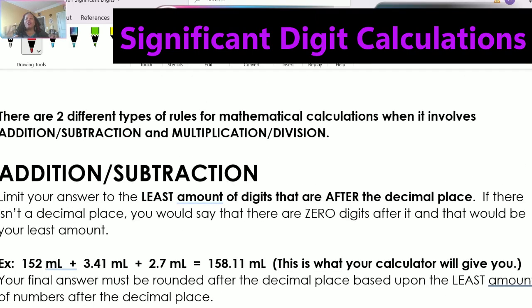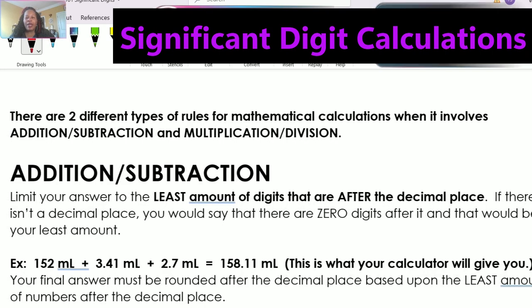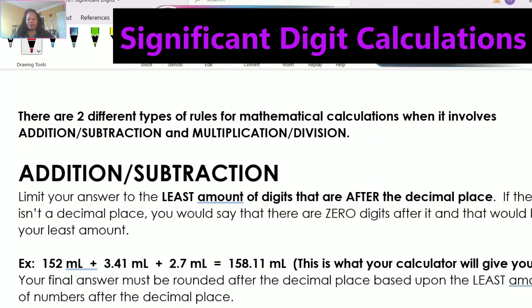So here's a reminder of the rules. There are 2 different types of rules for mathematical calculations when it involves addition and subtraction and multiplication and division. So hang tight because I'm going to dive into this rule.